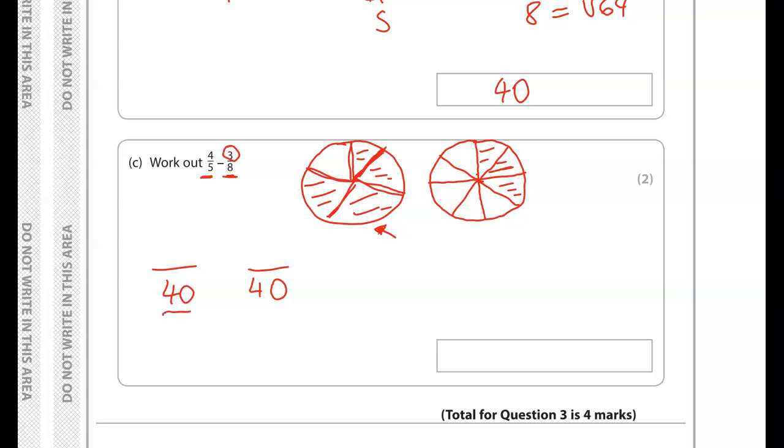So to get to 40, as you can imagine, we've cut each and every one of these into 8. So they are really tiny. So we've done that with all of the slices in this pizza. So what have we done? We said 8 smaller slices within each of these big slices. So we multiplied 5 by 8, in other words.